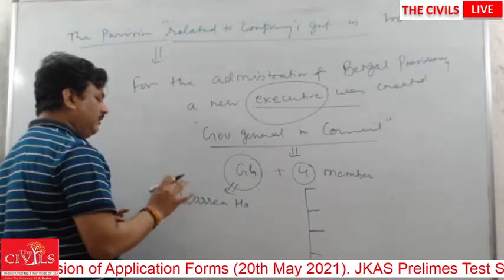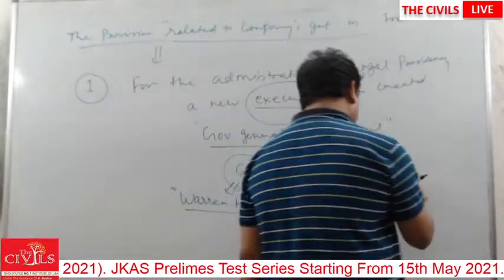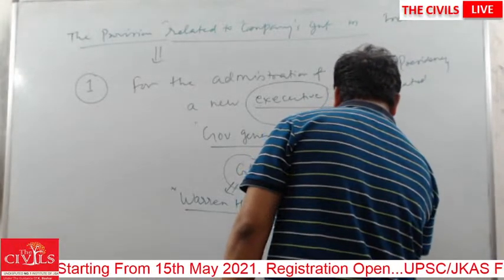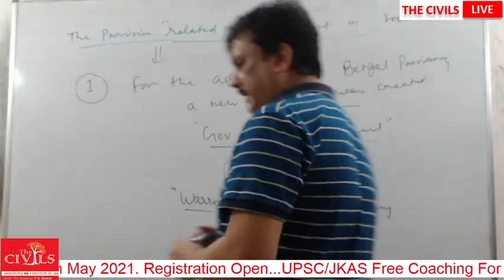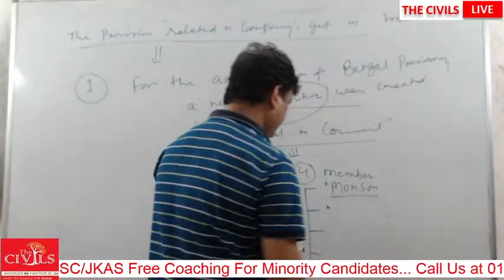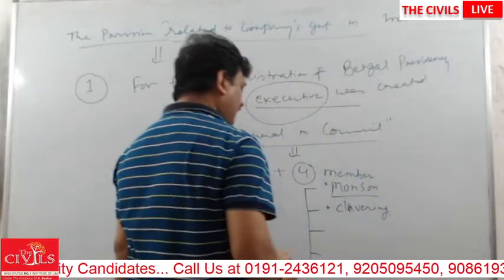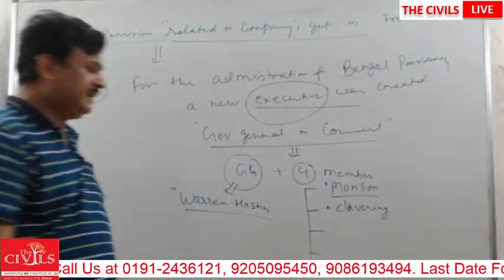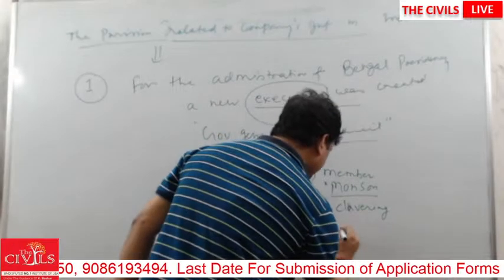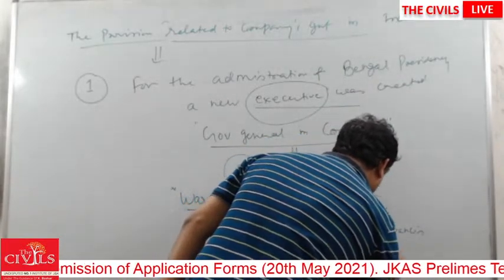He was the first Governor General of Bengal, Warren Hastings, and the four members were Monson, Clevering, Philip Francis and Barwell. These were the four members.